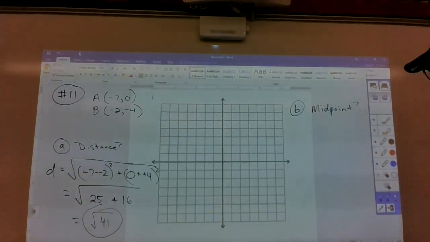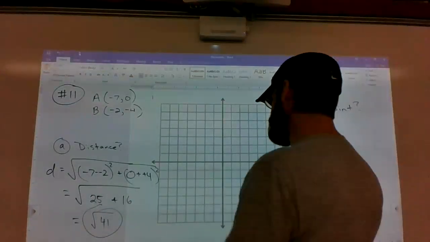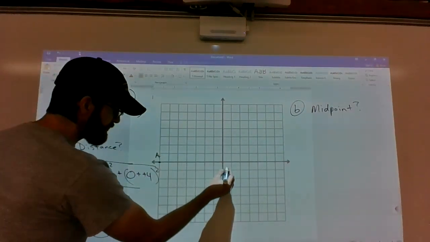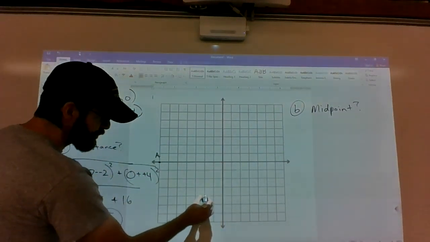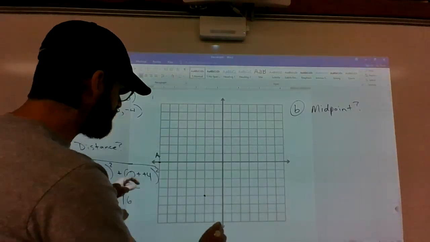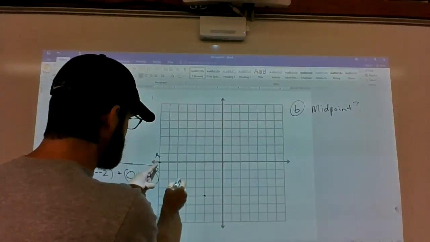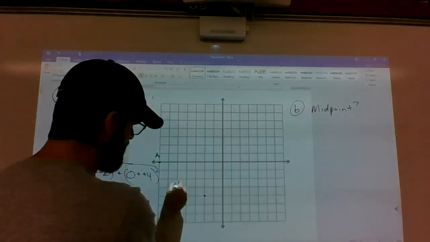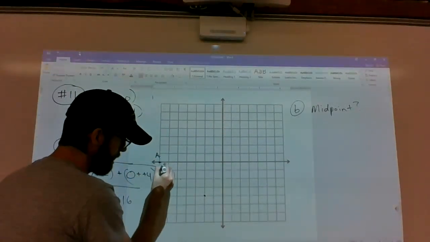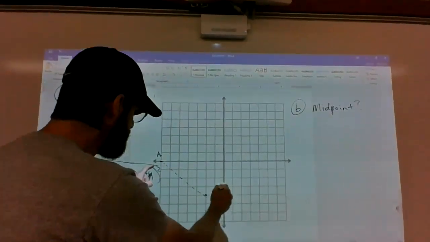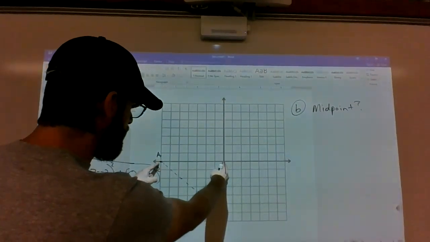All right, the midpoint formula. If we go back to our original, here's negative 7, 0, here's negative 2, negative 4. The exact middle of this line segment is going to be the exact middle of our x's.